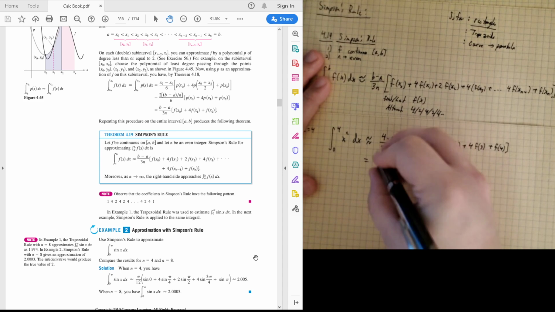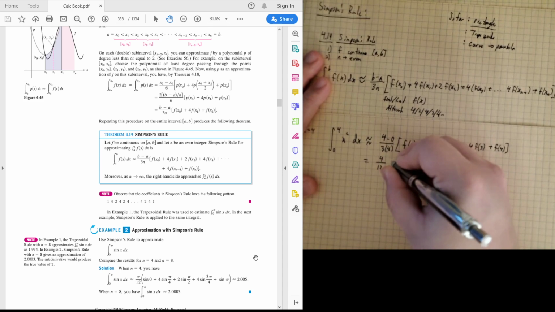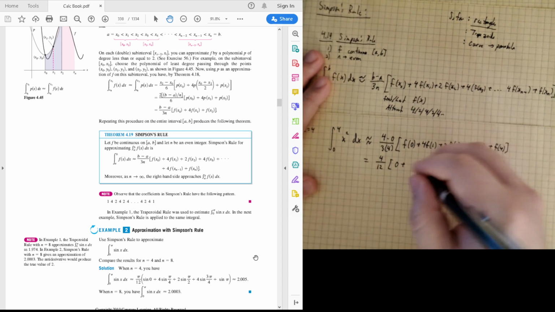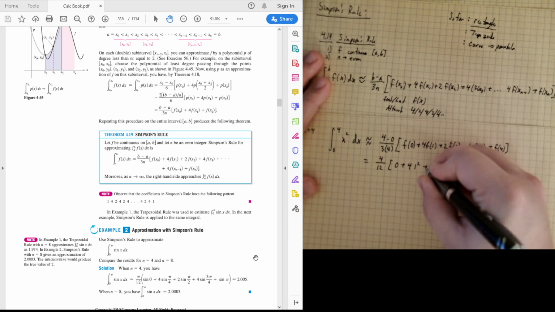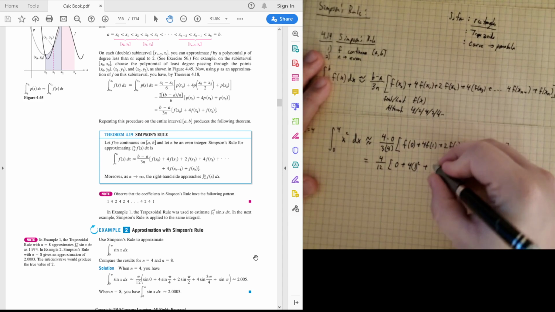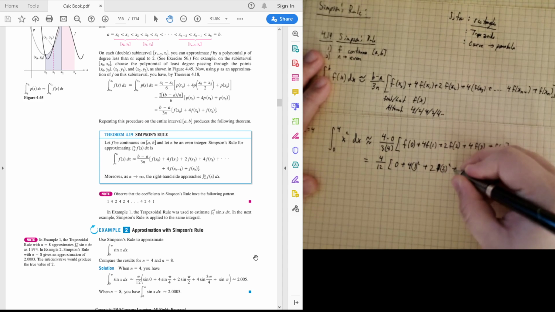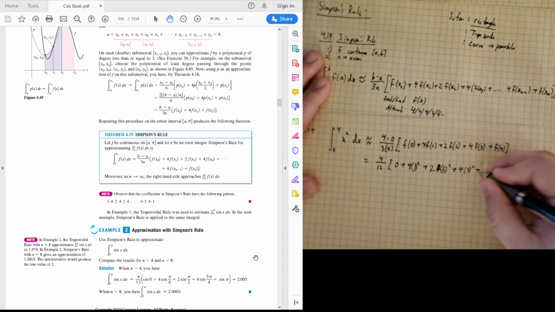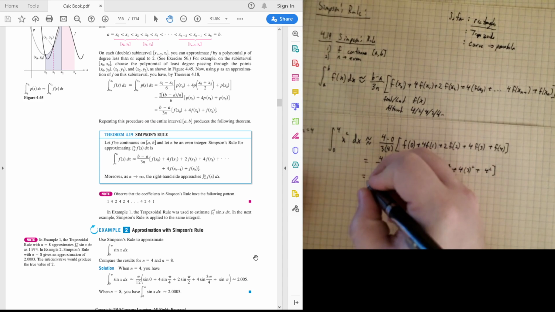Well, 4 minus 0 is 4. 3 times 4 is 12. f of 0 is 0 again, plus 4 times f of 1, which would be 1 squared, plus 2 f of 2, so f of 2 would be 2 squared, plus 4 f of 3, which would be 3 squared, plus 4 squared. Apologize for my bad handwriting today.